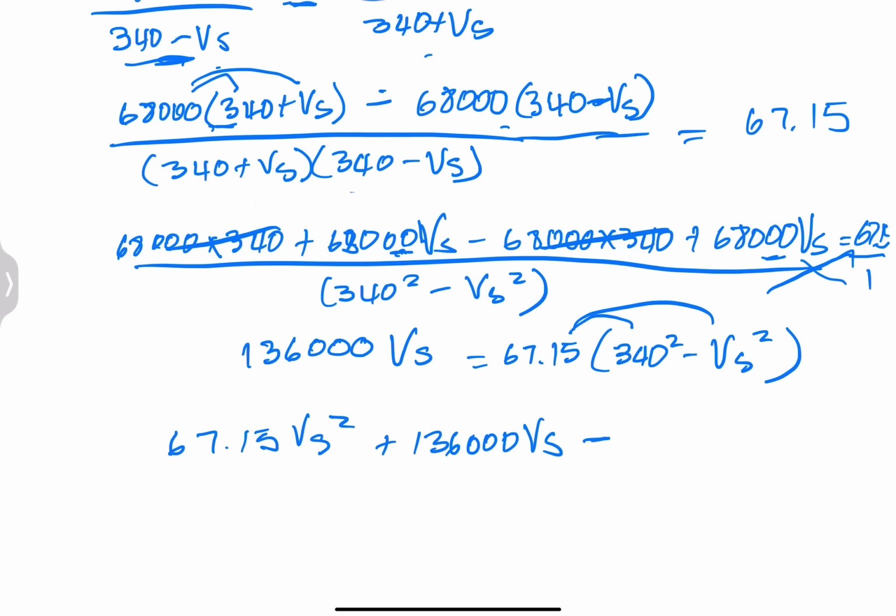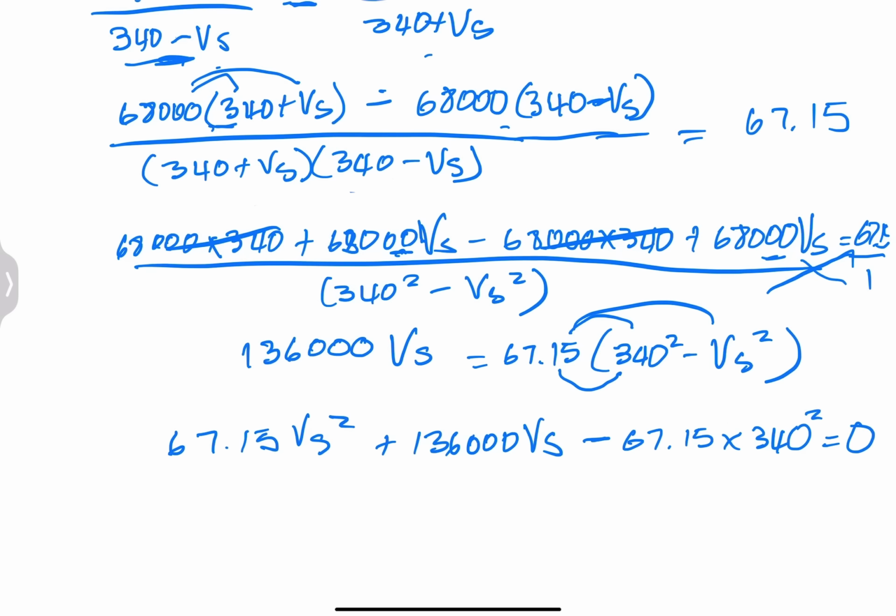So that would be minus 67.15 times 340 squared, sorry, not Vs, 340 squared. So I'm multiplying that by that now, and this is equal to 0.